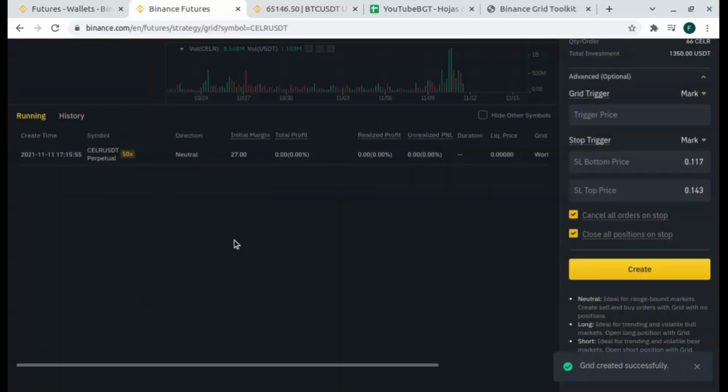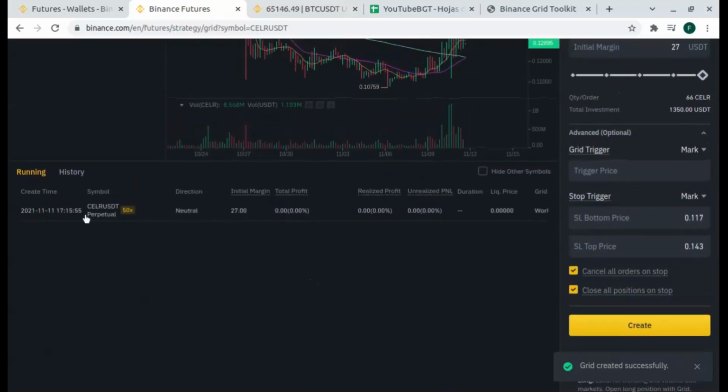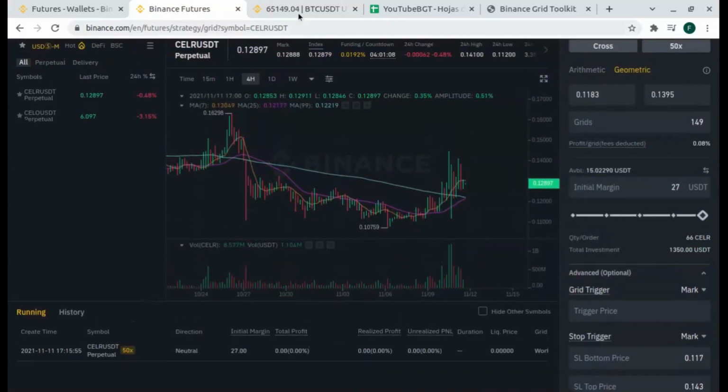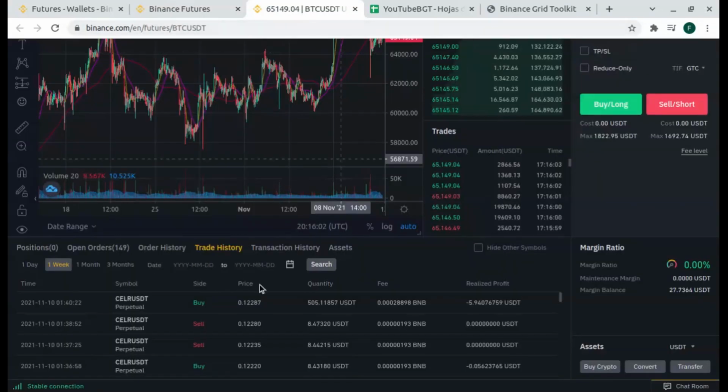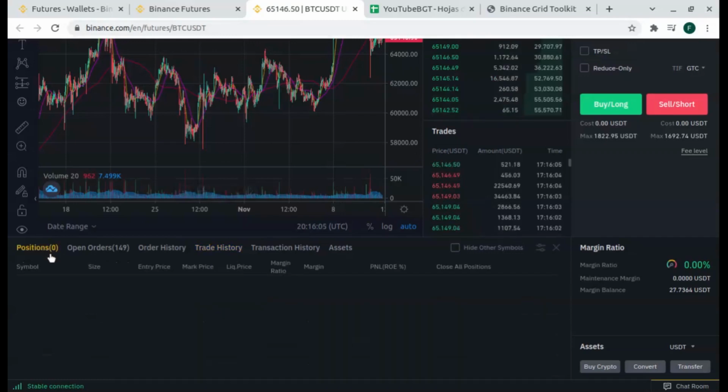Okay, now we have the running grid, and we still don't have any position because it is a neutral grid, and as long as it doesn't trigger an open order, the open position would be 0. Okay, we have a sell order filled.